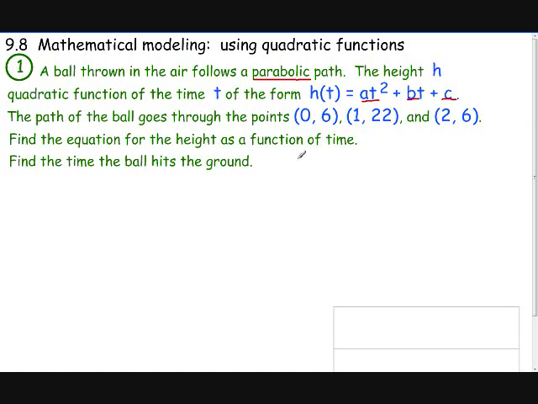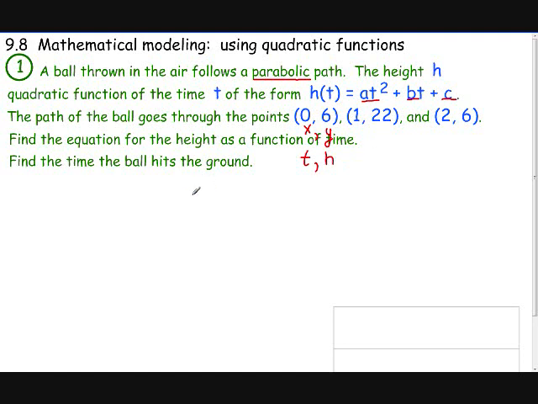We have 3 points that this parabolic path, or the path of the ball, goes through. 0, 6, so this is an x, right? And this is a y. Oh, we're not using x and y, are we? So we're going to use t, and we'll call it h. Okay.